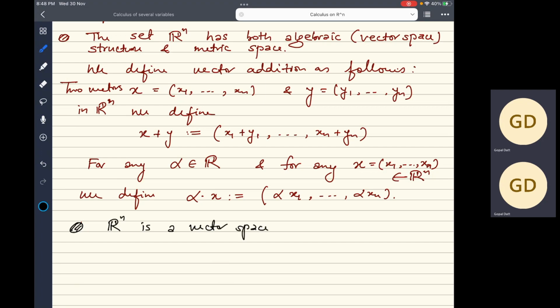You can check all the properties of vector space. These two functions, addition and scalar multiplication, satisfy all the conditions of a vector space. So Rn is a vector space over R.